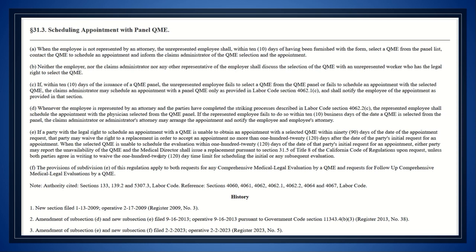But after 120 days, to retain you as the qualified medical evaluator, both parties must agree in writing to waive the 120-day time limit for scheduling the initial comprehensive medical legal evaluation, and this also applies to any subsequent re-evaluation. So guess what? If you don't want to do re-evaluations, don't be available within 120 days, and the parties may go back and get a new panel and start all over. It's not likely that they'll do that, but they have the legal right to do that.